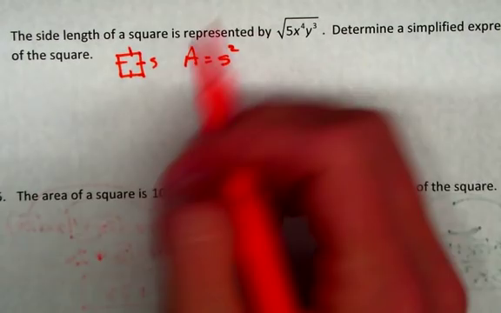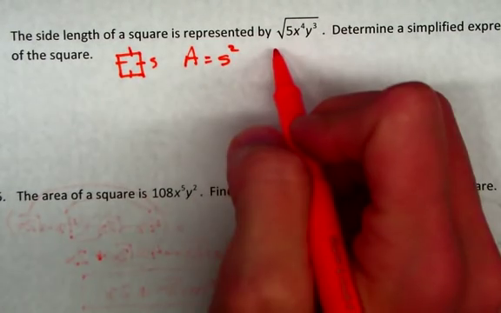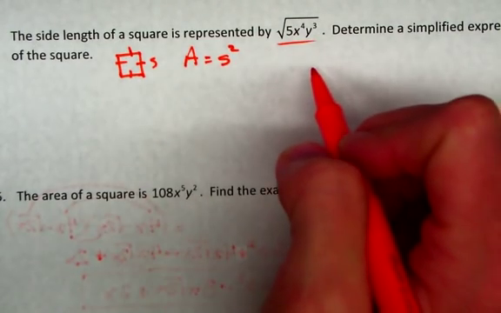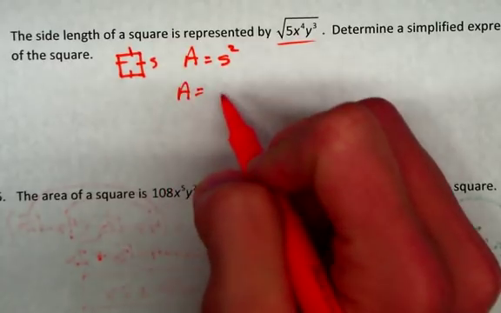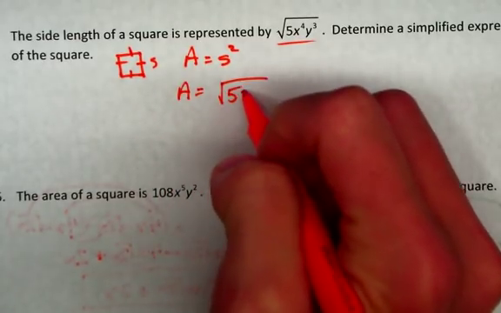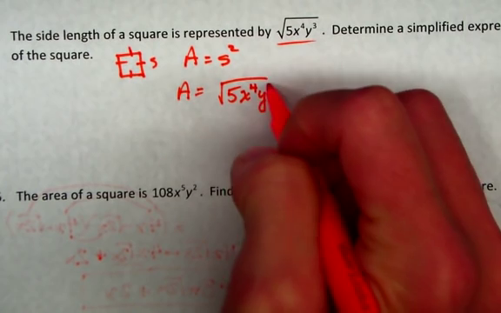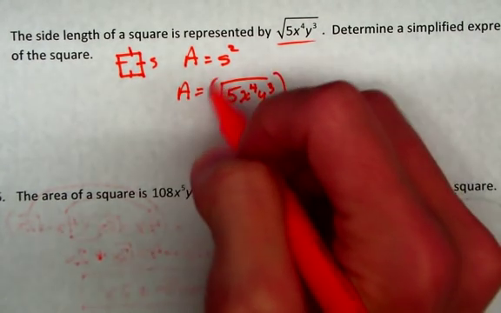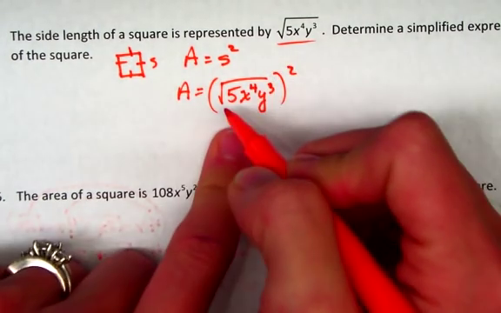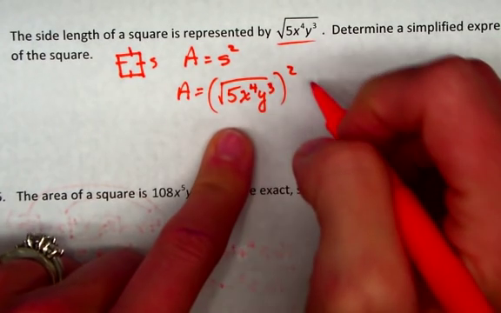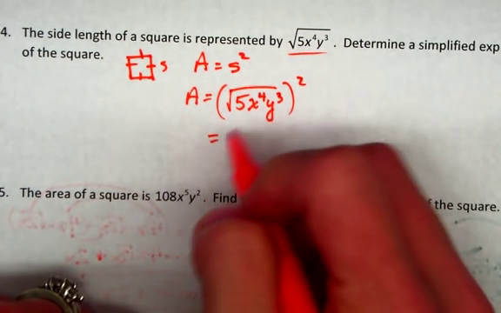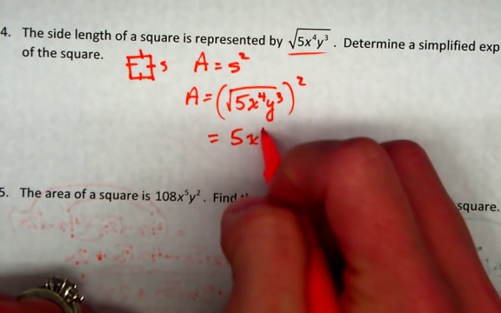Now that's helpful because if it's side squared, and if this is the side of the square, then the area equals the square root of 5x to the fourth y cubed, squared. But anytime you square a square root, that is the same as just the expression underneath the radical sign.